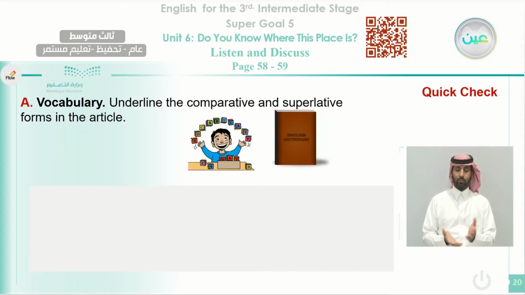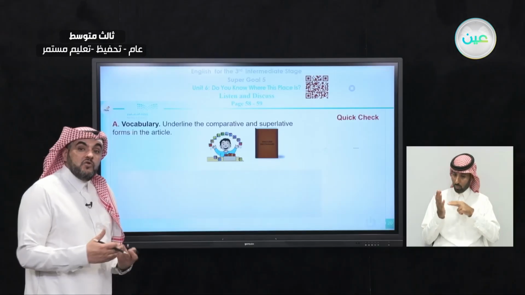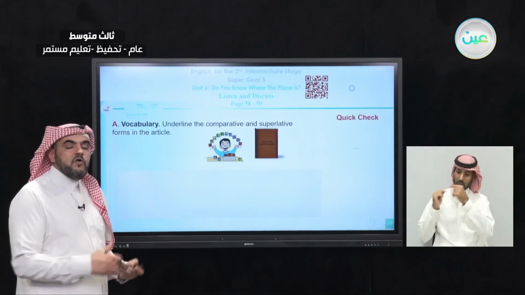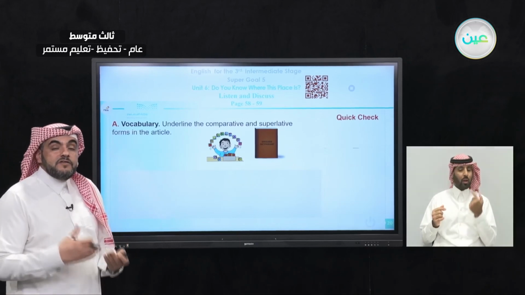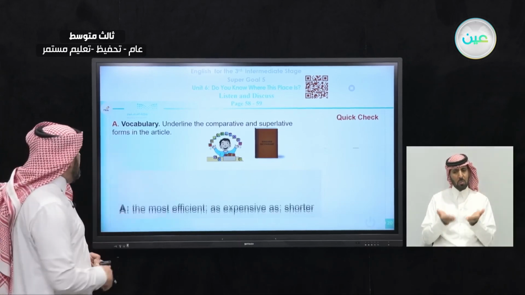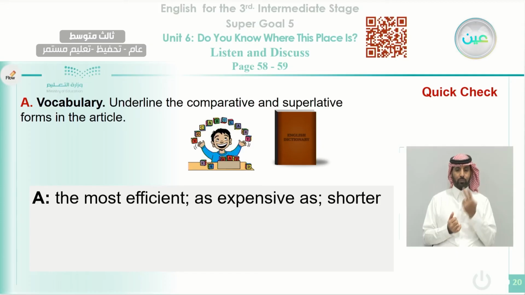In the vocabulary section, number 1 or A: underline the comparative and superlative forms in the articles. When we read the five passages, or the five paragraphs, a while ago, there were many superlative and comparative forms. Let's have some of them. In A, when we talked about the train, we said the most efficient.